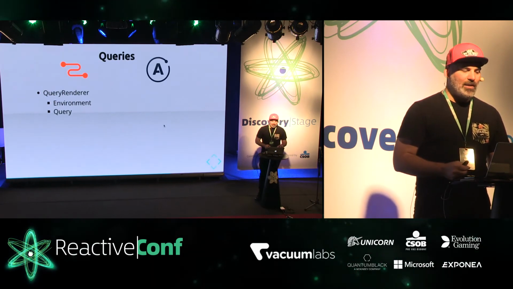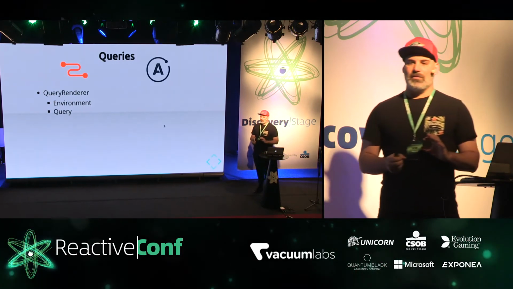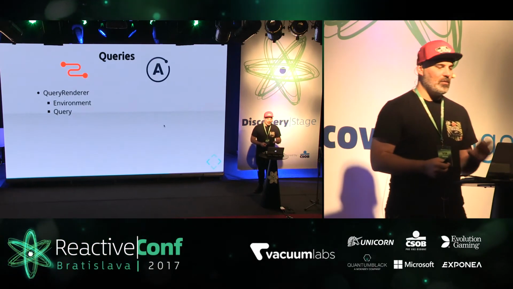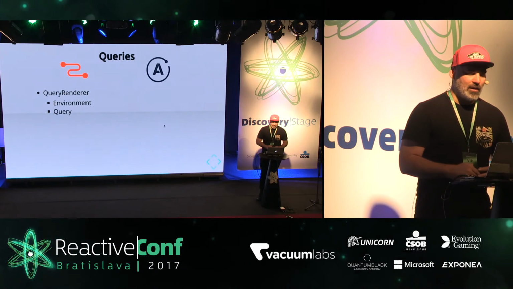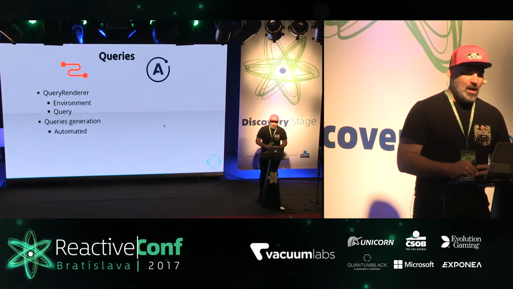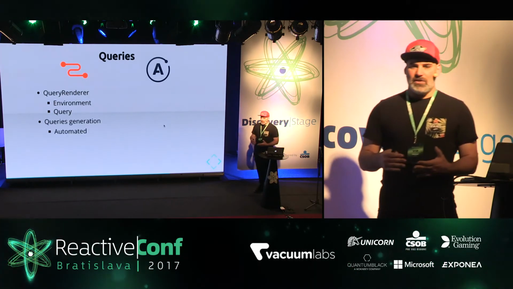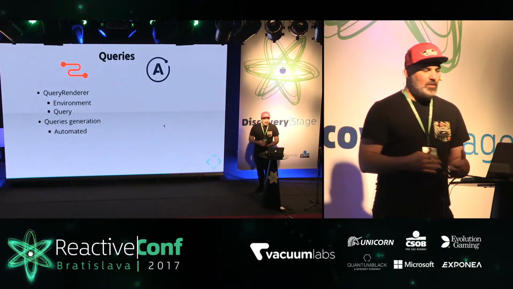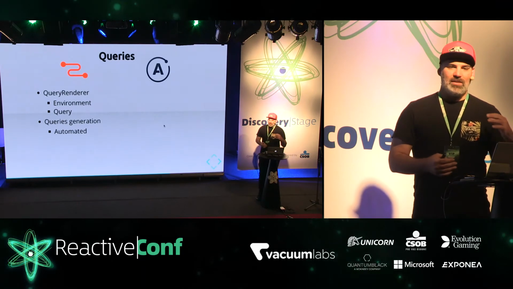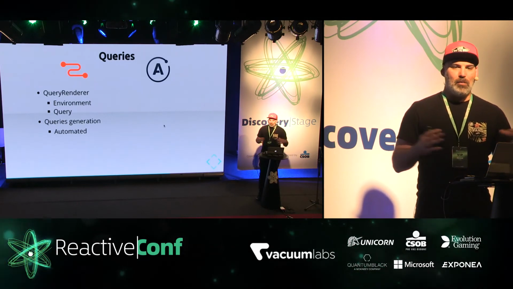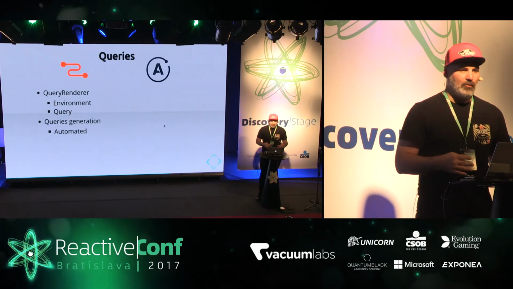In order to run the queries, we have this concept of a QueryRenderer, and that's going to be a component that will require an environment and query objects. The actual query generation is automated. We are using this concept of fragments, and it's going to execute the queries for me and compose them in a way that I don't have to worry about.